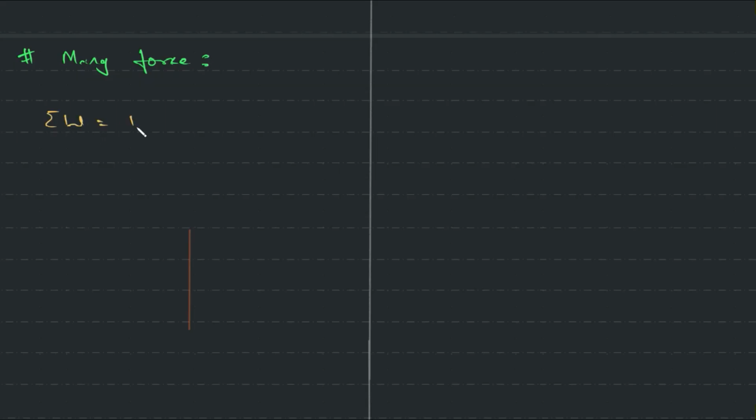The net work will be equal to the integral from xi to xf of the net force, the vector sum of all the forces, and your displacement. Same funda, just that you are figuring out the net force. That's it.